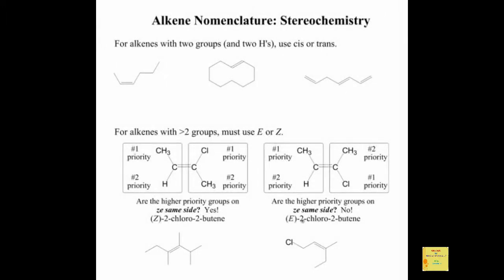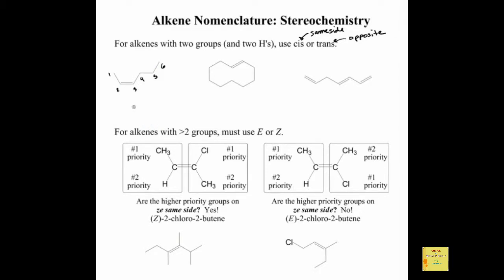Now if you have an alkene simply with two groups and two hydrogens, then we could describe those two groups as being cis or trans. So cis means they're on the same side, and trans means they're on opposite sides. For example, we have an alkene here. Let's number from the end closest to the alkene: 1, 2, 3, 4, 5, 6.